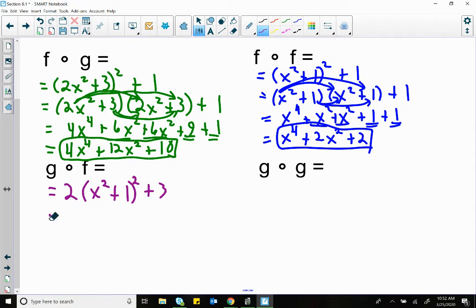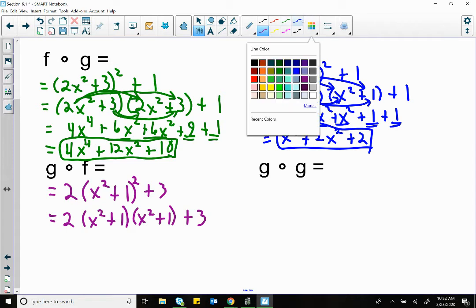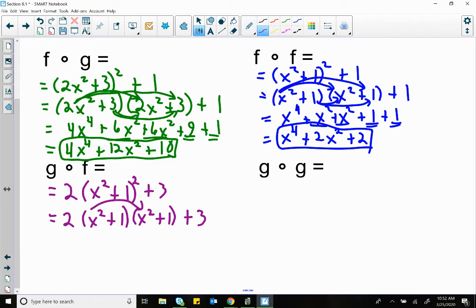Now, this one's a little bit longer because we have the 2 to contend with after we FOIL our 2 parentheses. So this is what it really looks like. Let's do some foiling. X squared times x squared is x to the fourth.